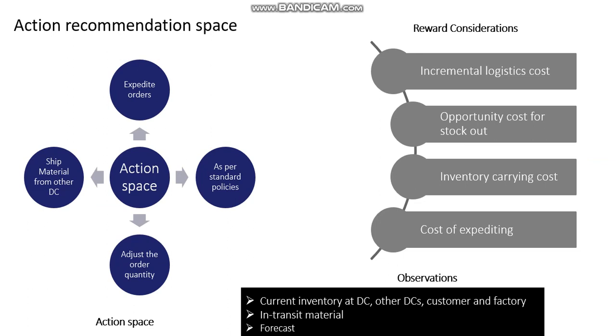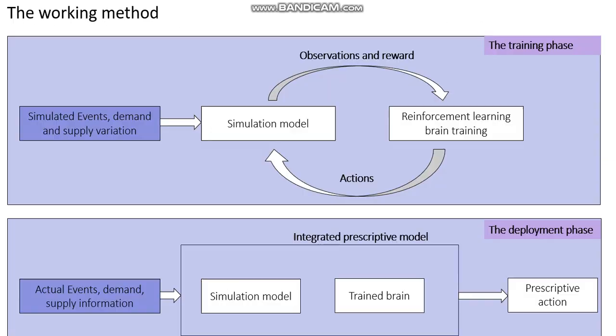This and many other actions can be added. The system selects the action over a period of time. For example, we are running this control tower for the next 15 days or 30 days, and it suggests what actions are needed by considering the impact on the various costs.